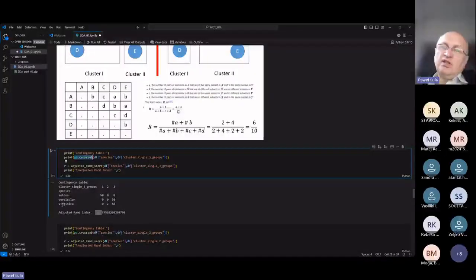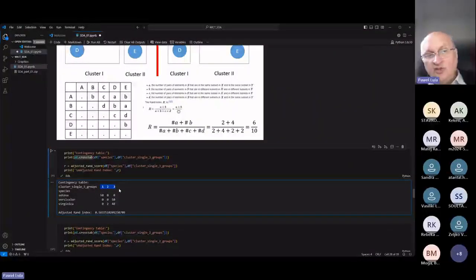Here we have groups, clusters, which are defined in species column: Setosa, versicolor, virginica. Here we have clusters which we have in cluster single three groups column. These clusters which I obtained during this classification problem, which I obtained trying to solve this classification problem.